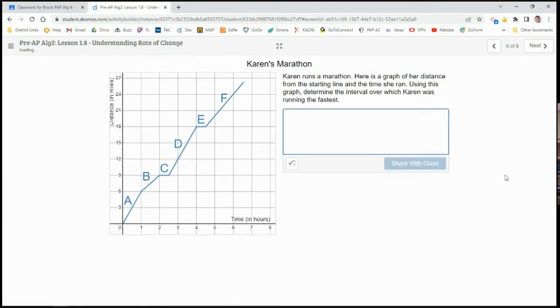I don't know, but at 4 hours, she stopped running for a half an hour or so. Also at C, she took a lot of breaks here, didn't she? She took an hour off. But which interval was she running the fastest? In other words, which one has the largest slope? Right? Which Y changed the fastest compared to which X's?